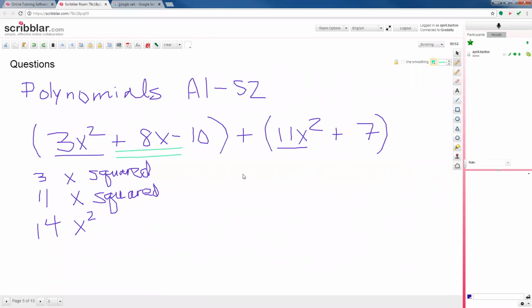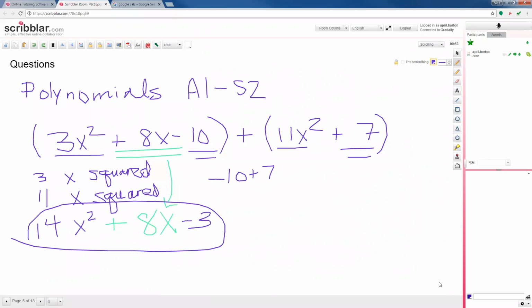Okay, since I don't have any answers yet, I'll go ahead and tell you. 8x, there is no like term. Nothing else has an x in it. So our 8x just goes next to it, plus 8x. If there's no like term, it shouldn't just disappear, but we just bring it down as part of the answer. So then our final one is the -10 plus 7, and that gives us -3. So once you combine those like terms, that's our final answer.